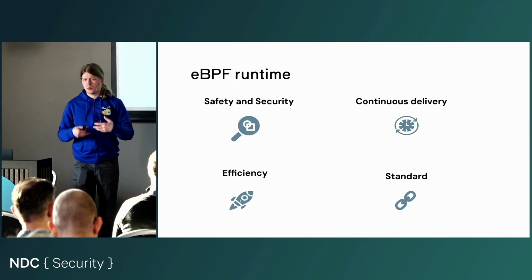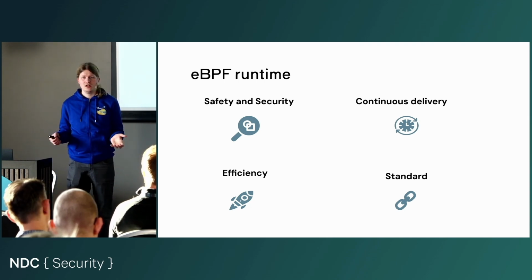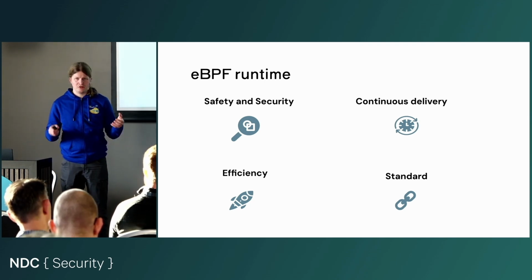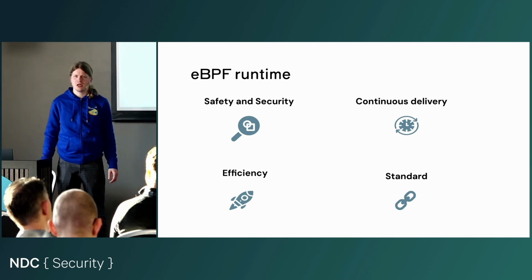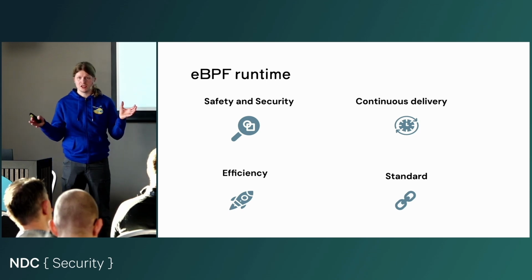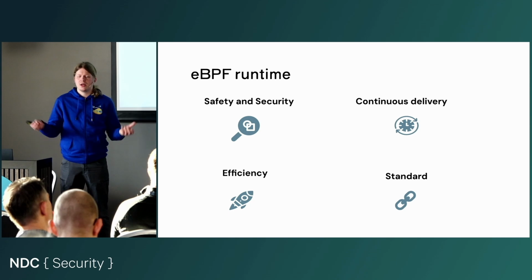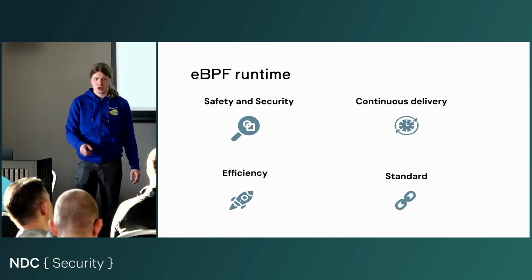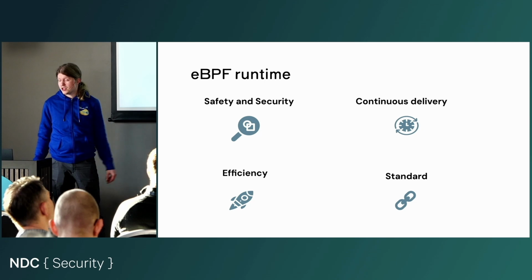And so what does eBPF give us? It gives us safety and security, because we have a verifier that checks basic things about our programs. We can do continuous delivery, because essentially we can modify the kernel at runtime. We don't have to recompile the kernel every time. That's especially important when you want to test your things. And it's pretty efficient, and it's a standard.